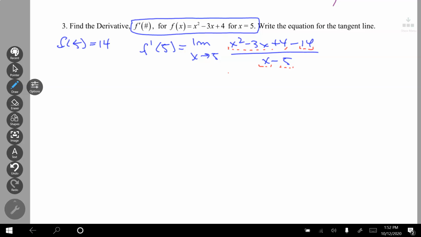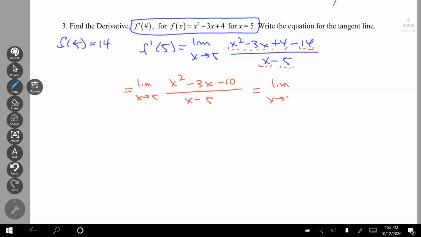So I know when I plug in 5, I'm going to get 0 over 0, so I'm going to clean this up algebraically. And again, if I plug 5 in here, I'm still going to get 0 over 0, so I need to factor it.